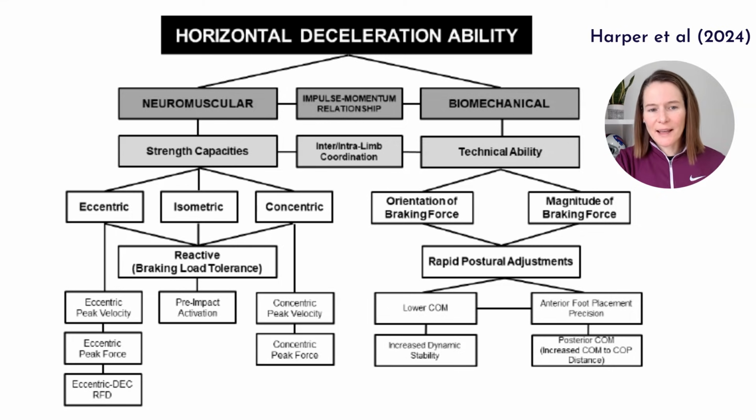We can see that horizontal deceleration ability is underpinned by both strength capacities, in terms of neuromuscular qualities, but also biomechanical aspects, with their technical ability to decelerate. And this is almost moderated through the inter- and intra-limb coordination between these two areas.